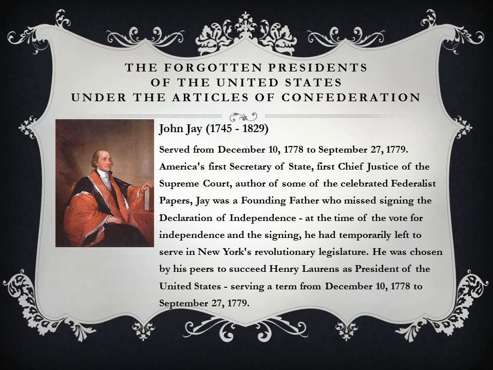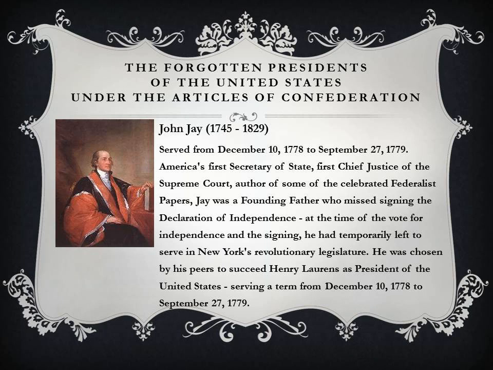John Jay, you recognize, one of the authors of the Federalist Papers. He served from December 10th, 1778 to September 27th, 1779. He's America's first Secretary of State, the first Chief Justice of the Supreme Court, and author of some of the celebrated Federalist Papers I mentioned.